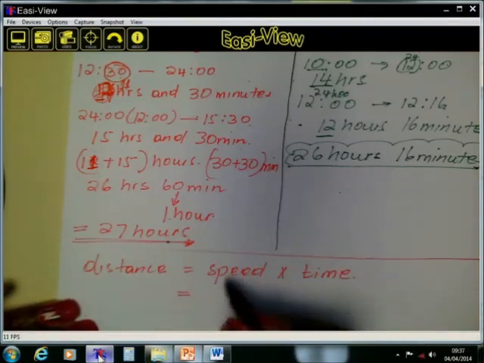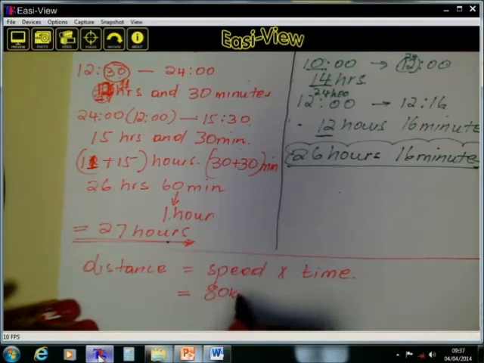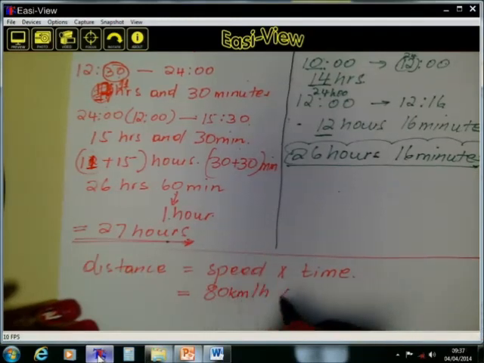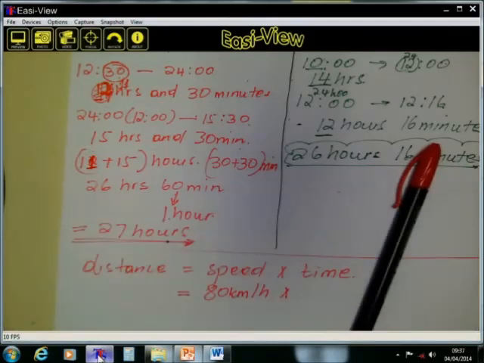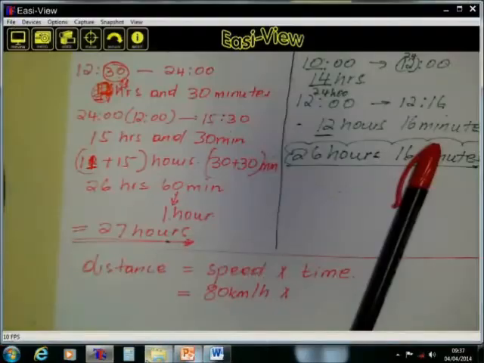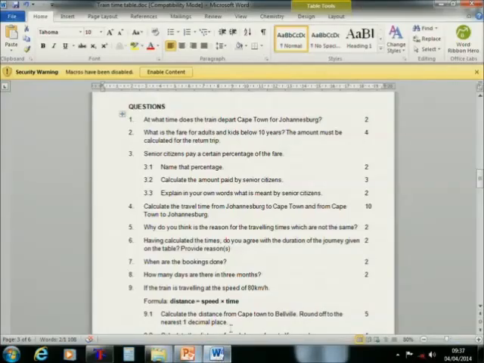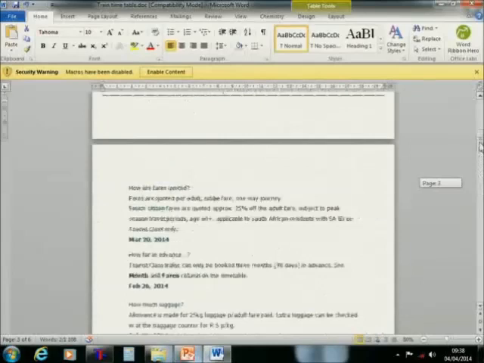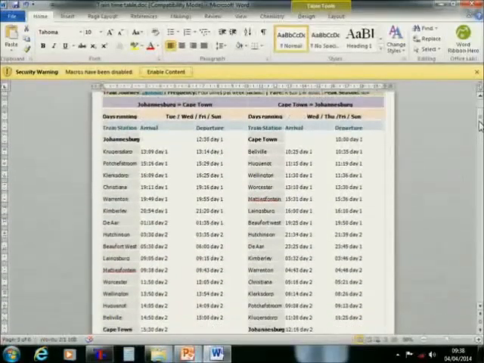We had our speed given at 80 kilometers per hour multiplied. We have to go back to our schedule. The question says, calculate the distance from Cape Town to Bellville and round it off to 1 decimal place. Let's look at this.